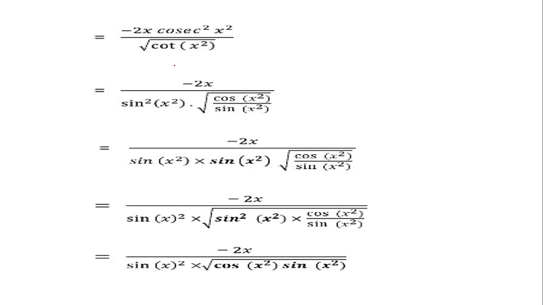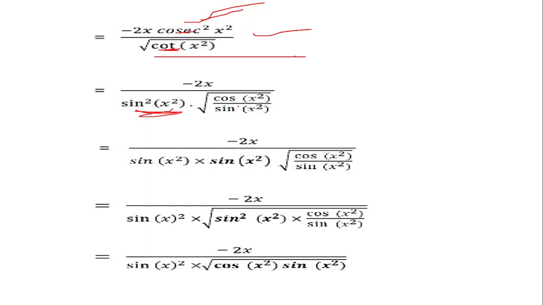Here you can see I have written minus 2x into cosecant square of x square into square root of cot of x square. Now I have taken minus cosecant square of x square. Cosecant can be written as 1 by sine, so cosecant square can be written as 1 by sine square of x square.